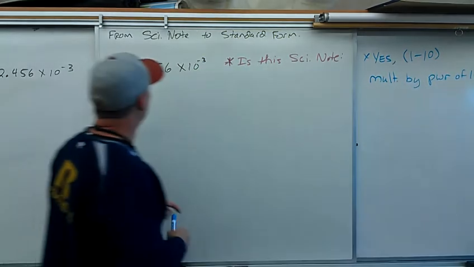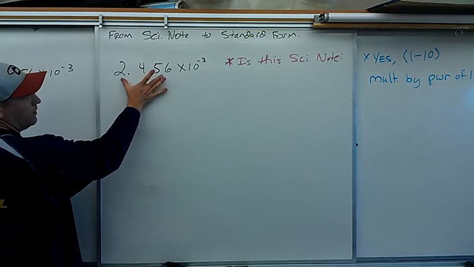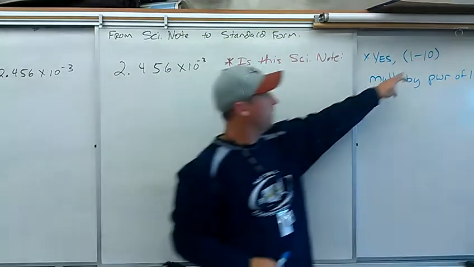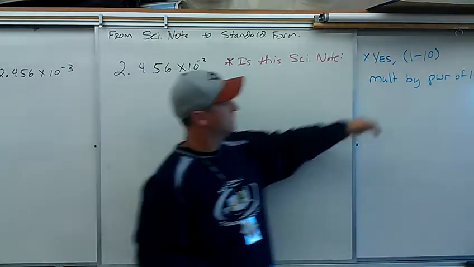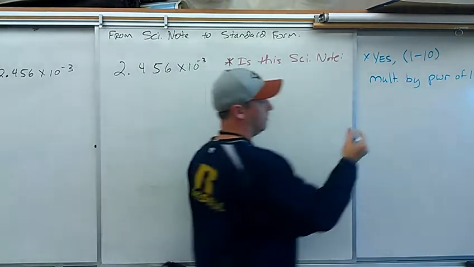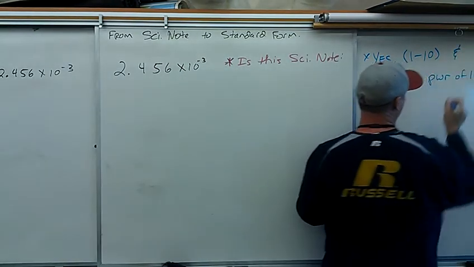So this number is between 1 and 10, so that's this first scenario right here. And then it's being multiplied by a power of 10, so that's the second scenario right there. Go ahead and put it in here.